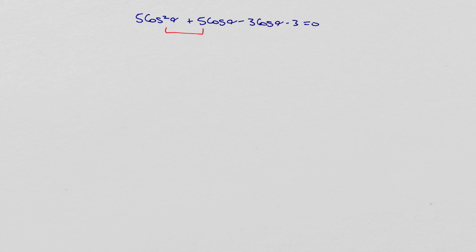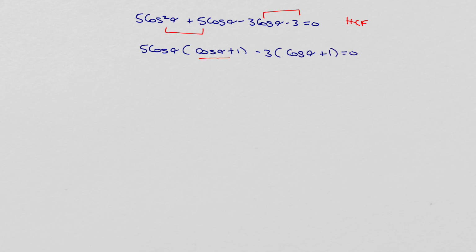So grouping the first two and grouping the second two and taking out my highest common factor leaves me with 5 cos alpha times cos alpha plus 1. If I take out minus 3 as being common, I'm left with cos alpha plus 1 also. So again, highest common factor. If I take that out, we have times 5 cos alpha minus 3 equals 0.